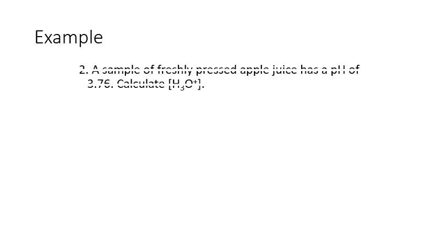Now let's look at the second example. This second example gives us the pH value, but asks us to calculate the concentration of H3O+. So same as well, we use pH equals negative log [H3O+].